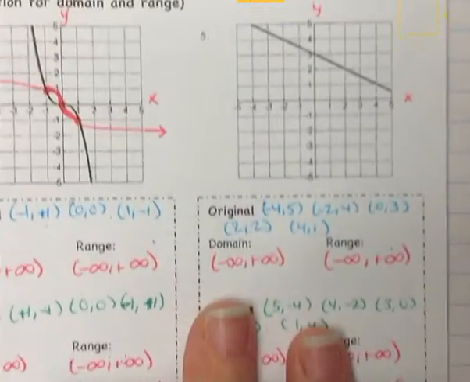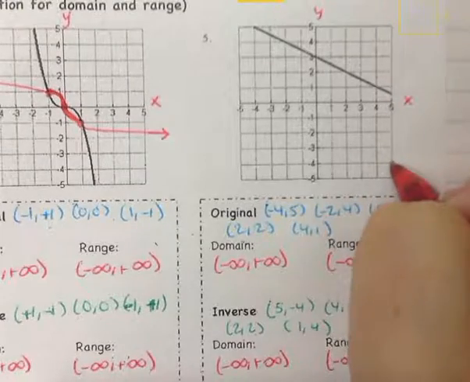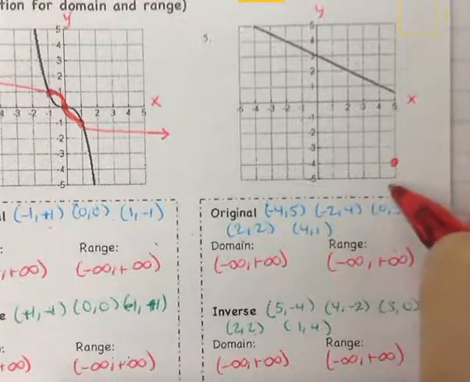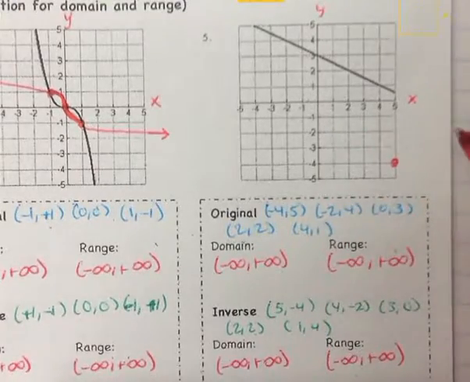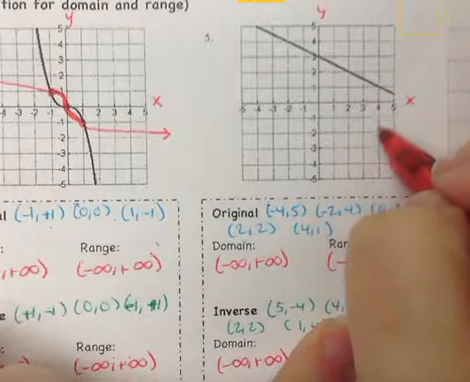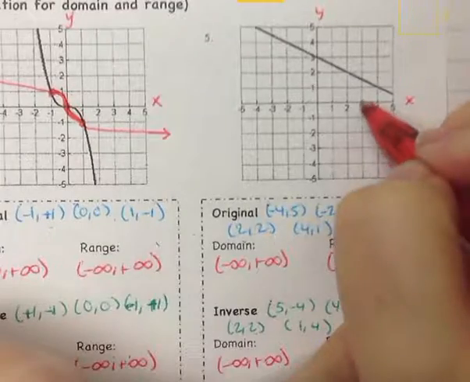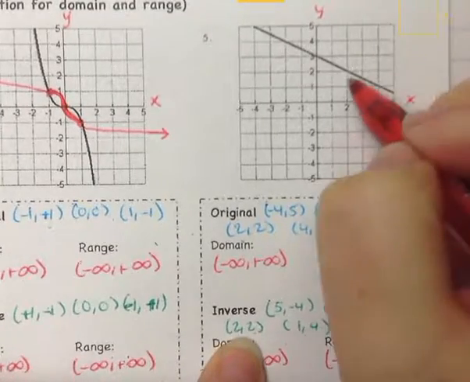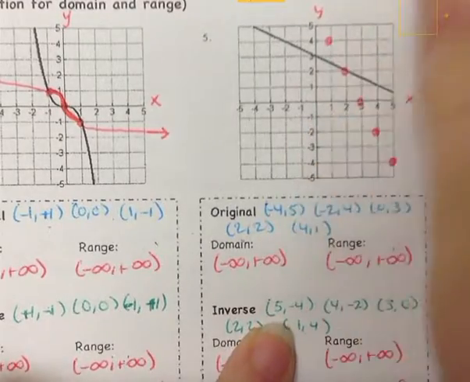X and Y on the axis. All right, 5, negative 4, 4, negative 2, 3, 0, 2, 2, 1, 4.